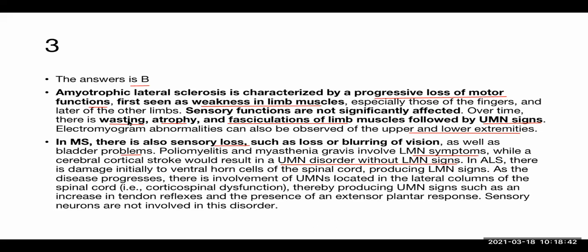Whereas wasting can be seen in upper motor neuron lesion also. But in comparison to lower motor neuron, it is not very prominent. Then hyperreflexia, brisk type of reflexes, Babinski sign, isn't it? Spasticity. These are features of upper motor neuron lesion. Now let's move on.